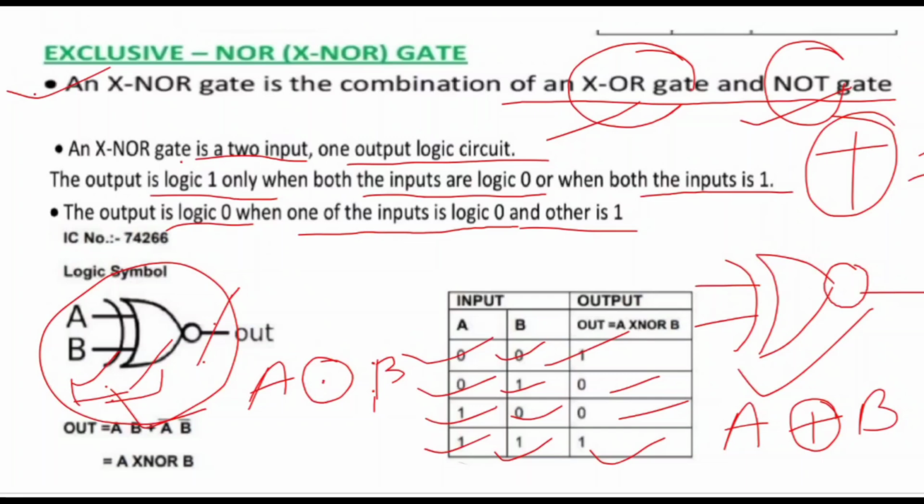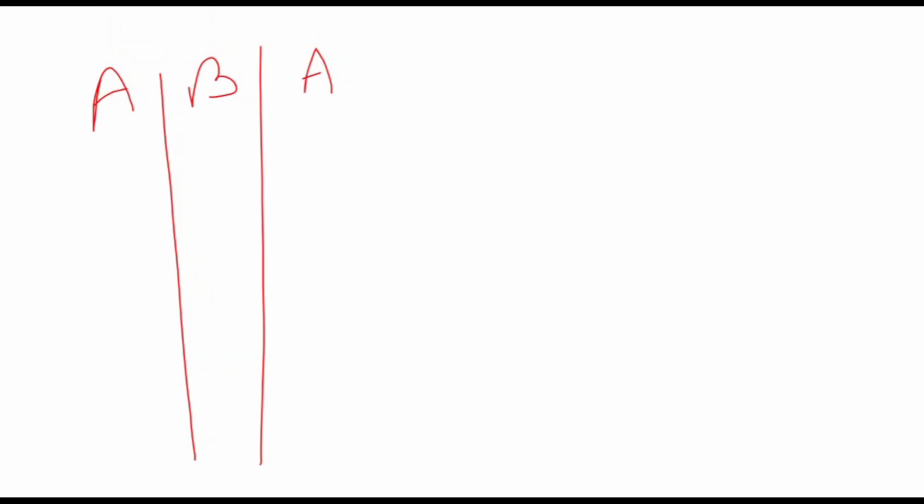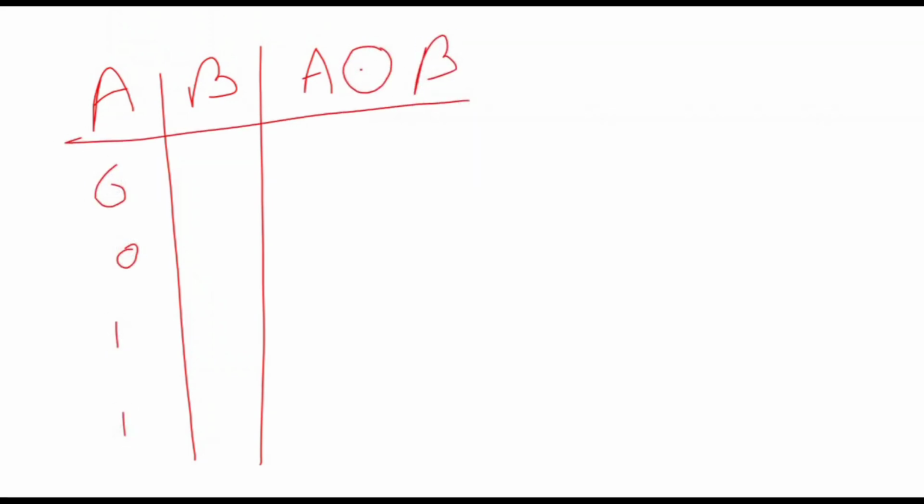Now let's see. Now we draw the truth table. Let's take two variables A and B. We see that the symbol of the XNOR gate is dot and circle. 0 0 1 1 and 0 1 0 1. So what we learned is that in the XNOR gate, only when both inputs are the same is the output 1. When both inputs are different, the output is 0. For this case, A 0 B 0, the output of the XNOR gate is 1. A 0 B 1, the inputs are different so the output is 0.